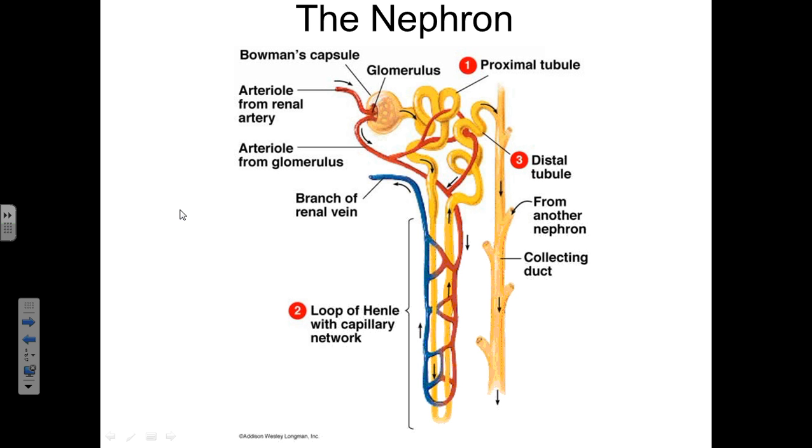And I want to point something out to you. Blood is coming into this nephron through this arteriole. An arteriole is essentially just what? It's a branch of an artery. And those arterioles eventually branch off to make what? Smaller blood vessels. It goes artery to arteriole to capillaries.